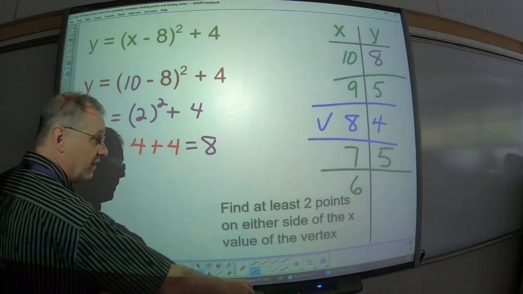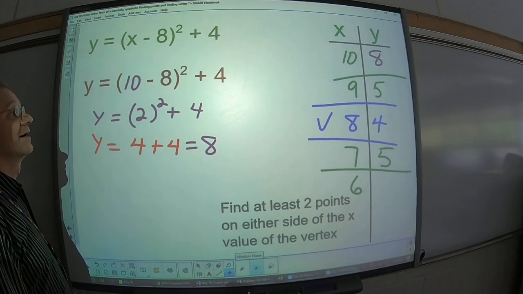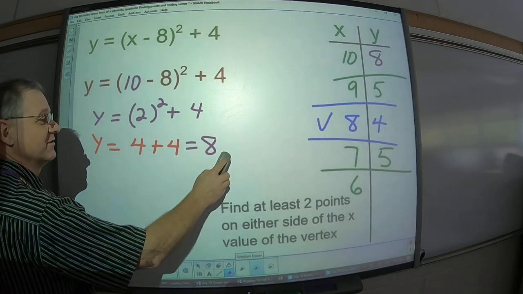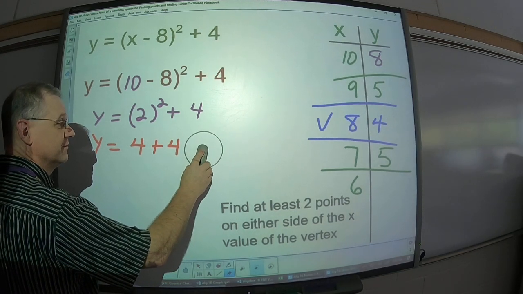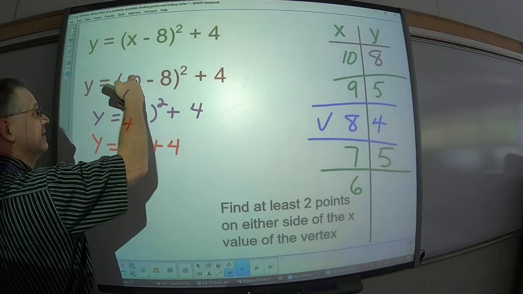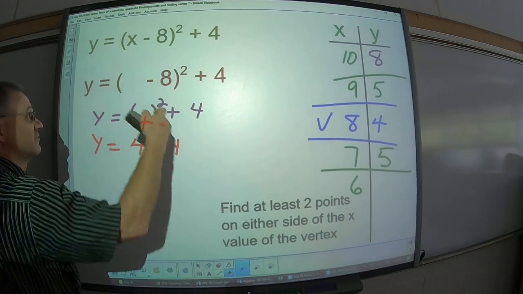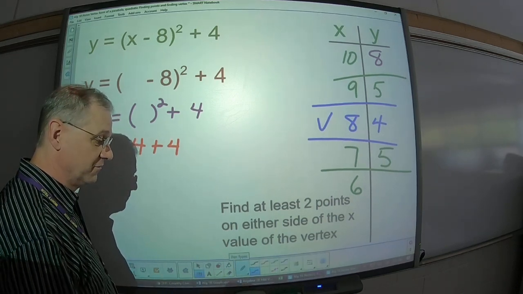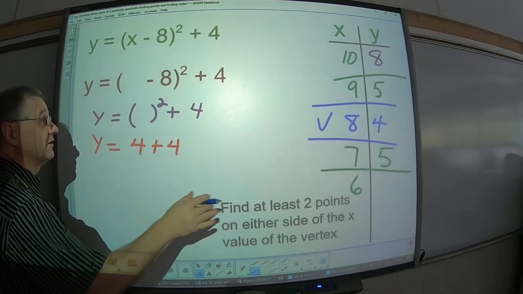There's my y value for 10. I'm going to go back through. Now, I'm actually going to do a little less erasing here. I'm just going to erase here and here, just so that I don't have to write it as much, just so you'll see what I'm talking about.